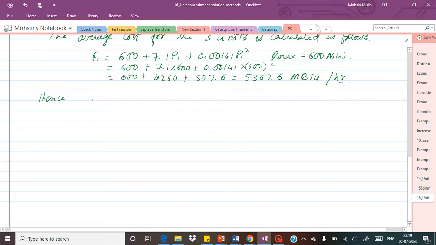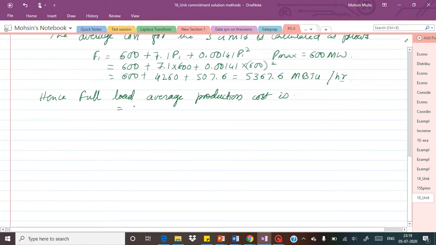Hence the full load average production cost is equal to the units per hour produced into the cost per MBTU.